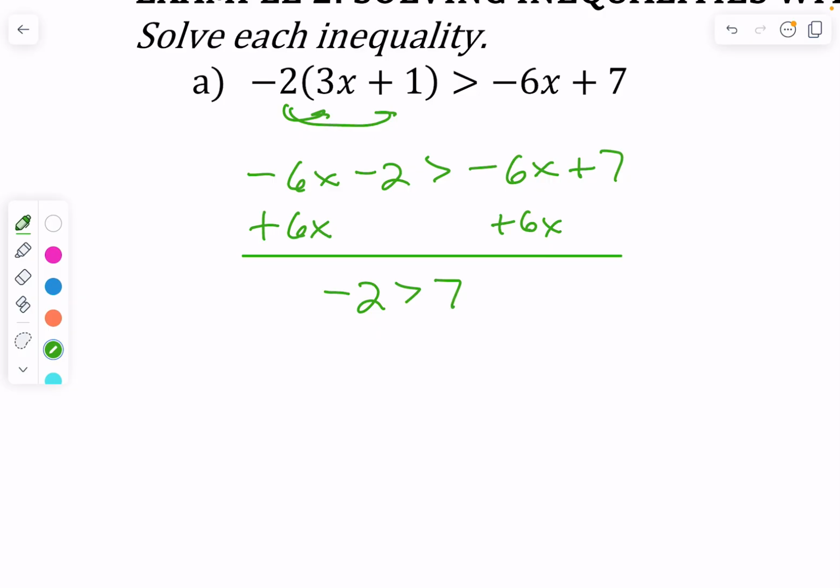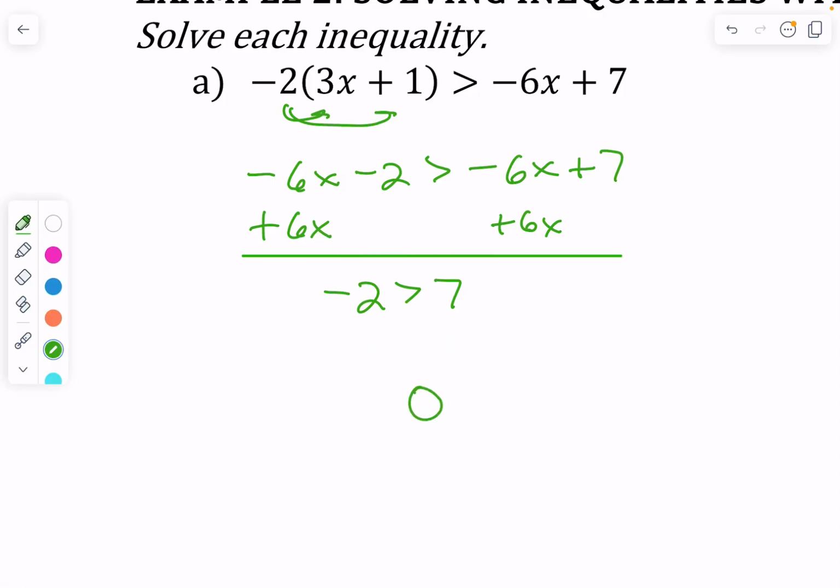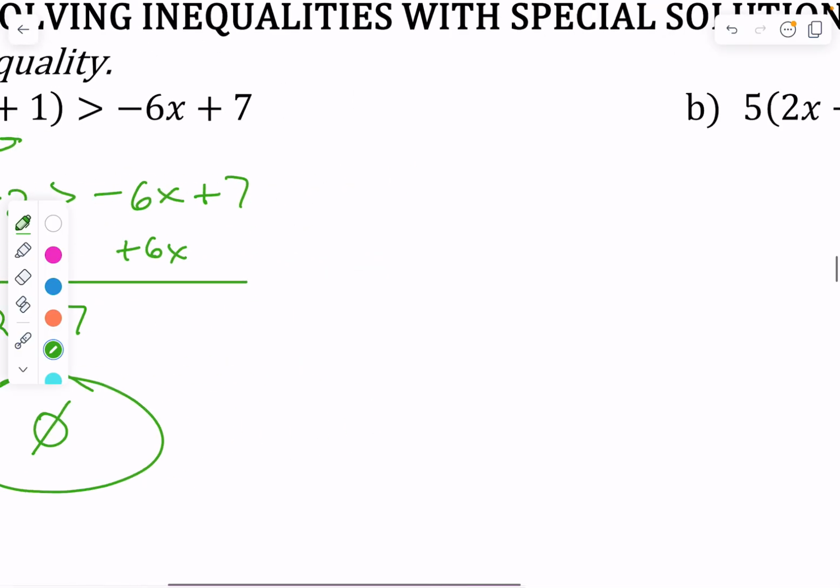So now this is exactly like equations, but this time there's an inequality symbol. You need to see if this is true. Is -2 greater than 7? No. So if it's not true, then it's no solution. Try B on your own.